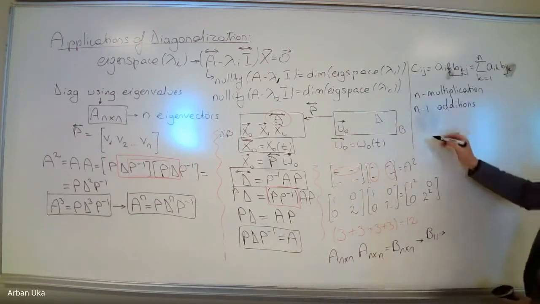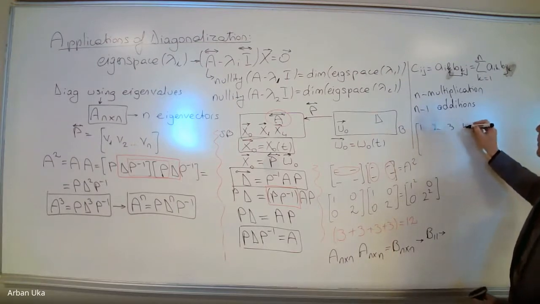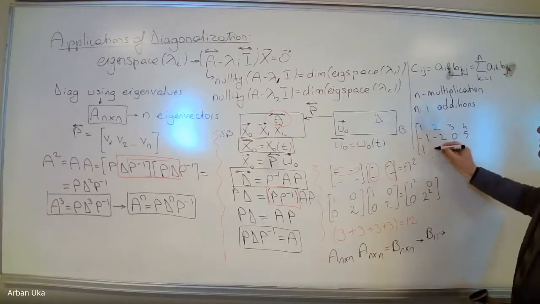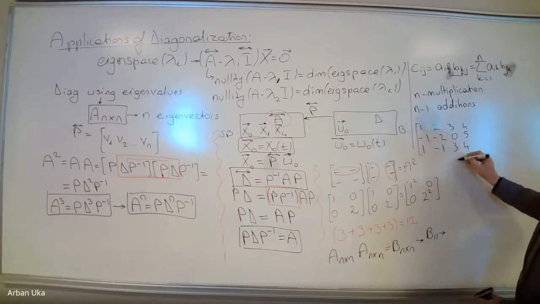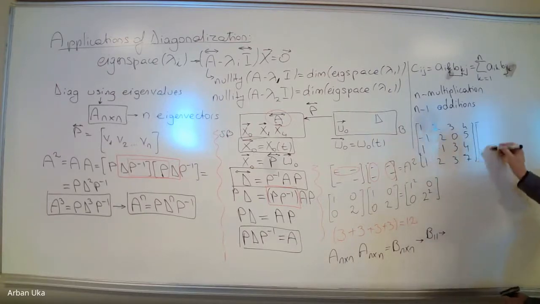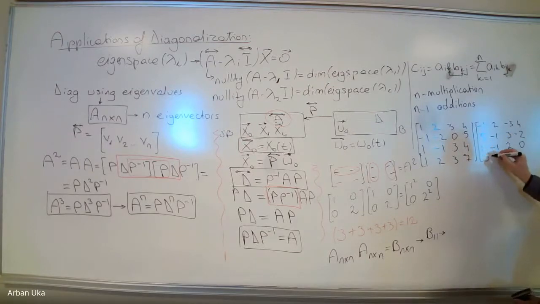Let's give an example. Here we have a matrix which is 1, 2, 3, 4, minus 1, minus 2, 0, 5, 1, minus 1, 3, 4, 1, 2, 3, 7. Okay, let's assume that we want to multiply this one with another matrix which is minus 1, 2, minus 3, 4, 5, minus 1, 3, minus 2, 1, minus 1, 2, 0, 3, 4, 1, 7.